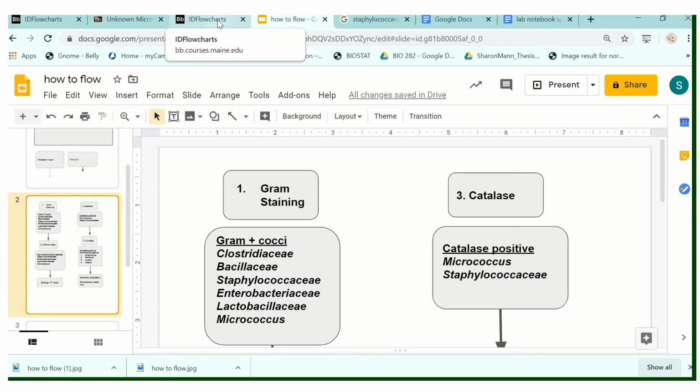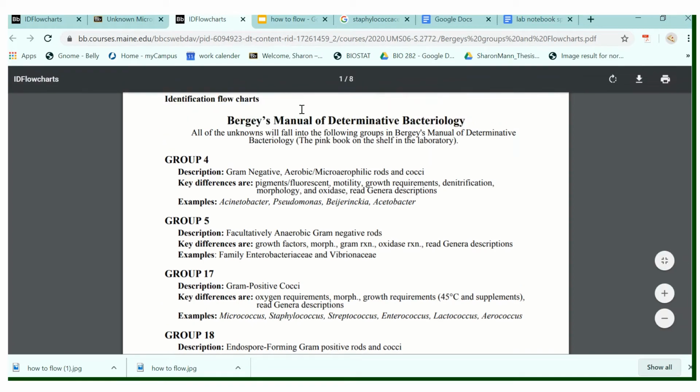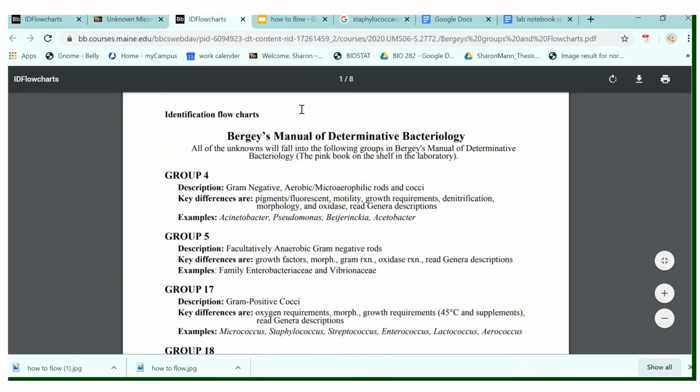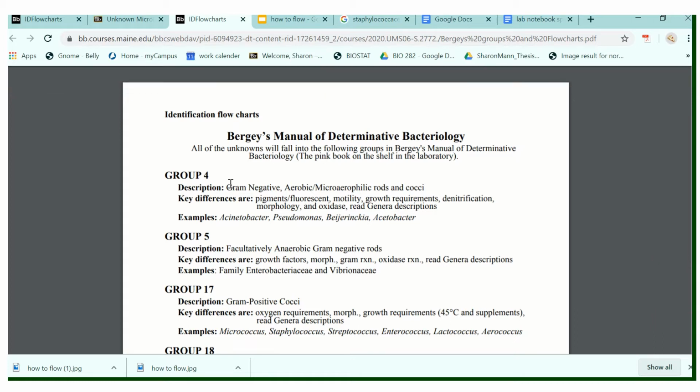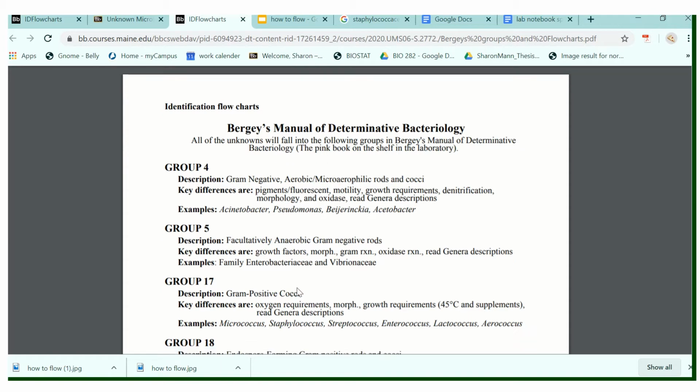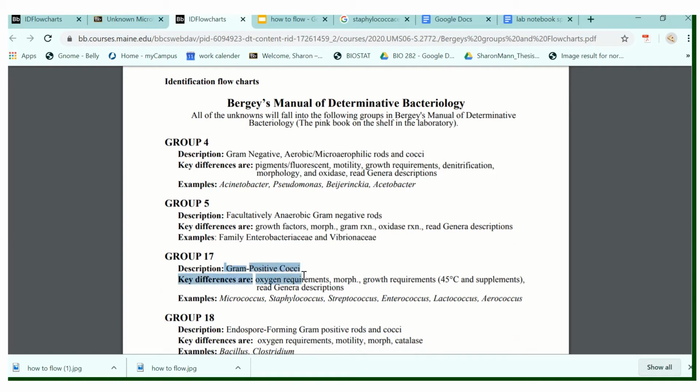So I referred to the Berge manual document that's on Blackboard, and I started looking at the groups. Since I have a gram positive round bacteria, so cocci, that means that it can't be group 4 because it's gram negative. It also can't be group 5, gram negative. However, it can be group 17, so it's gram positive.